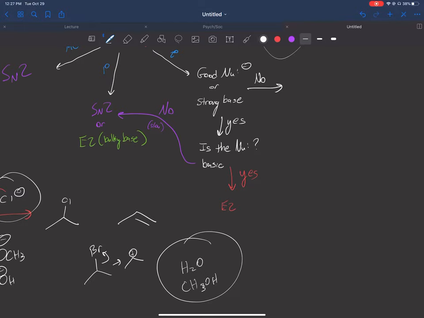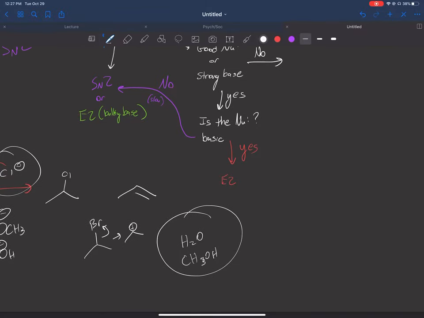So if I had this right here, Br, H2O, we've established that it could be a carbocation. Leaving this as it is right now, we'd have a carbocation here, and this H2O can attack. We'd get the OH on there, so the SN1 product.